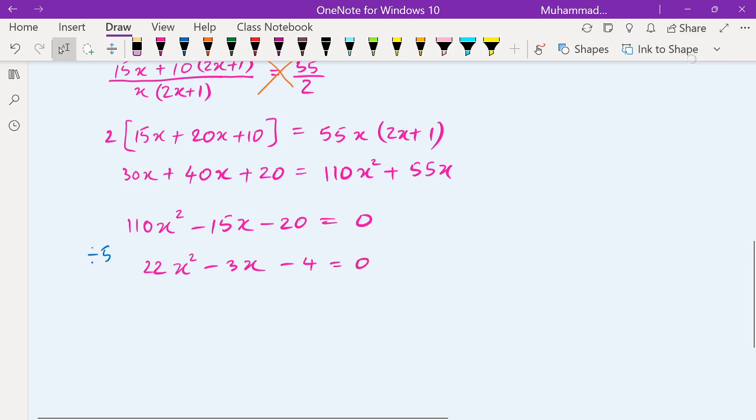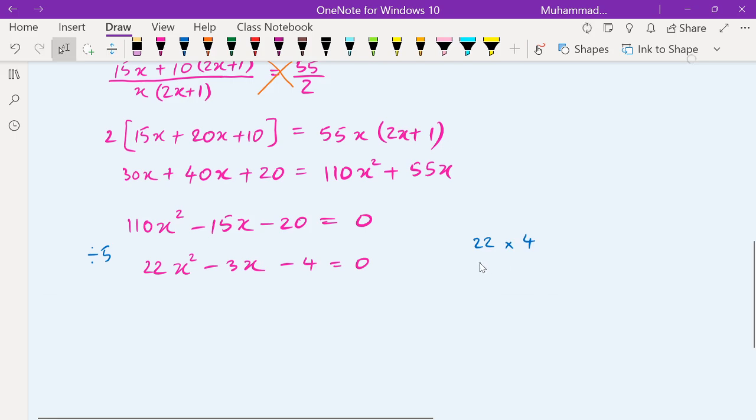Now you have to figure out the factorization of this. How can you split the middle term? Because this is to be done with factorization. So the factors will be 8 and 11.